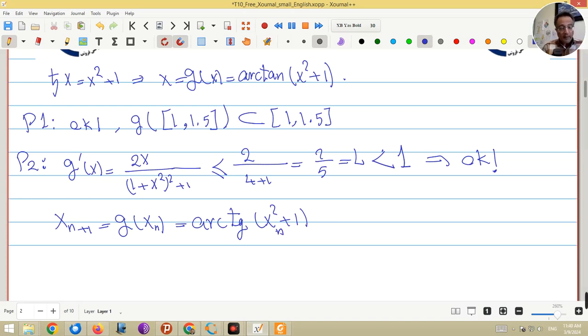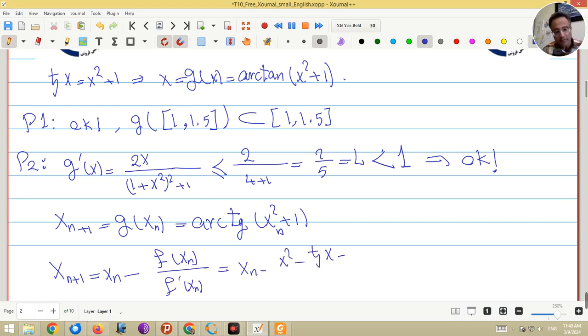Now let me write something more, and if we want to use the Newton method, we have to define the function: xn minus f of xn over f prime of xn, which is xn minus, the first one is xn squared minus tangent of xn plus 1 over 2xn minus secant squared of xn. In fact, all of these should be xn.